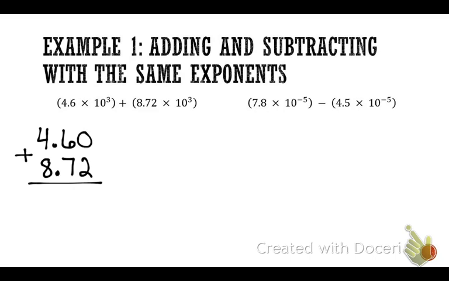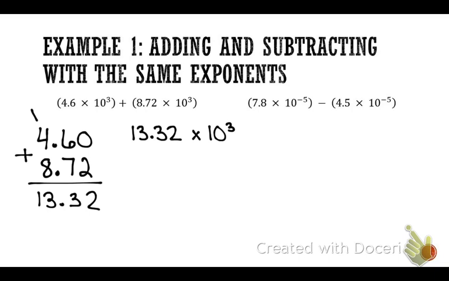So if we add them together, 0 plus 2 is 2, 6 plus 7 is 13, and 5 plus 8 is 13 when I carry my 1. I could write that 1 that I carried up there. When I add my decimal values together, I get 13.32 times 10 to the 3rd power. Again, I just bring my common exponent down.